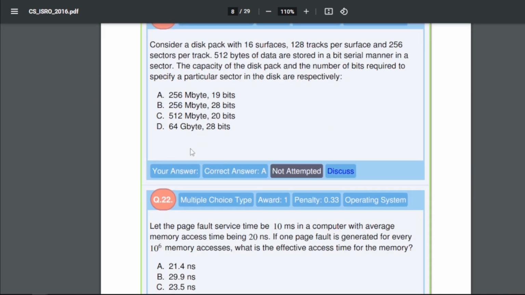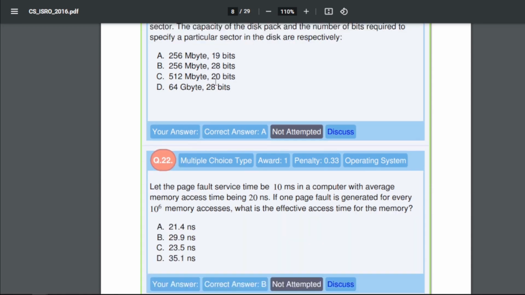So for 21 our answer will be A, that is 256 megabytes and 19 bits. If you solve this you will definitely get that answer. But if you already solved this, that is perfect. Try to recall how you solved that, and have a quick revision on that.